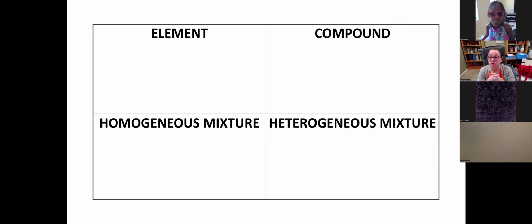How would you decide, if you had to decide if something was an element, a compound, a homogeneous mixture or a heterogeneous mixture, how would you tell them apart? What's also always helpful is, can you give an example of each of them, preferably one that we didn't already talk about?